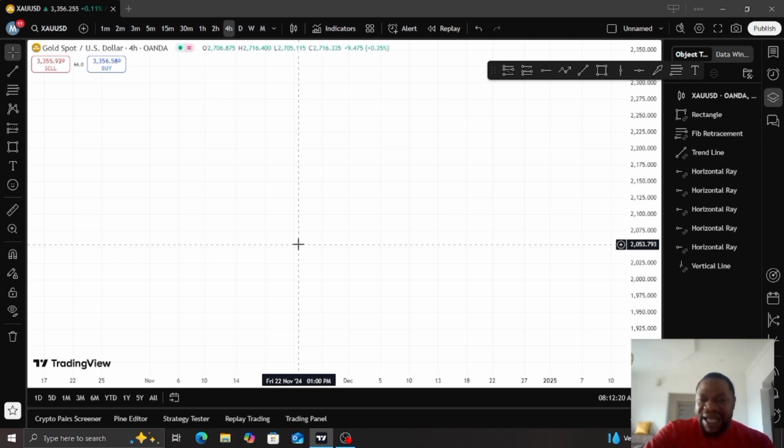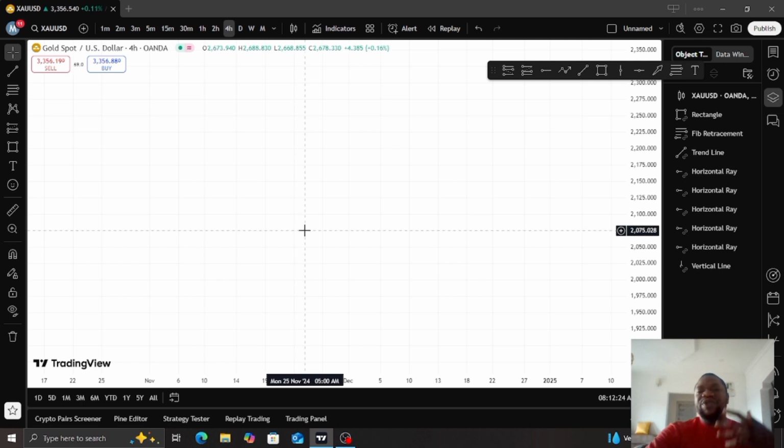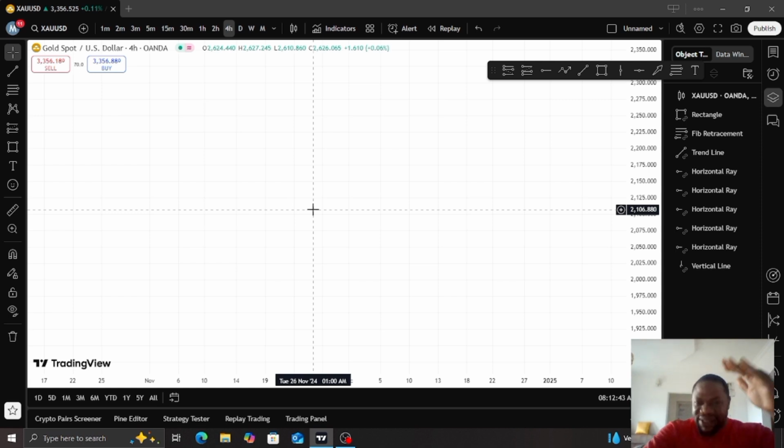And resistance is an area where price fails to break through at a higher level. I'm putting this in layman's language so you will understand. Where price repeatedly fails to break through at a higher level, we call that a resistance level.